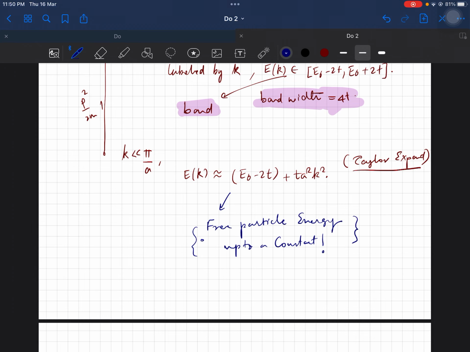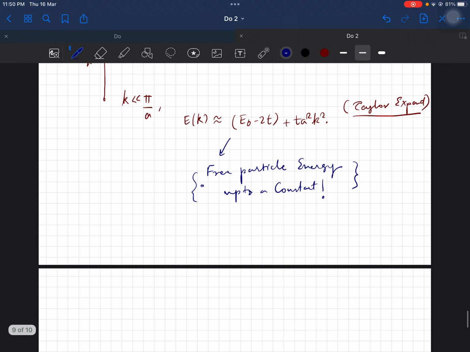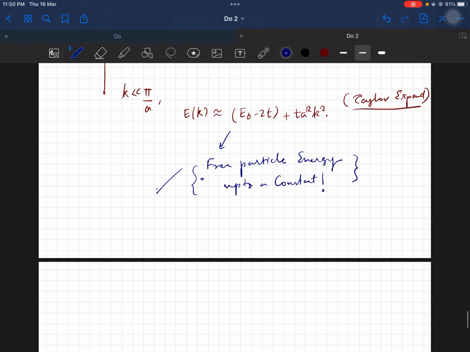This is telling us that low energy, low momentum particles are unaware that they are moving on a lattice, and it is the act of moving with an effective mass, unimpeded.